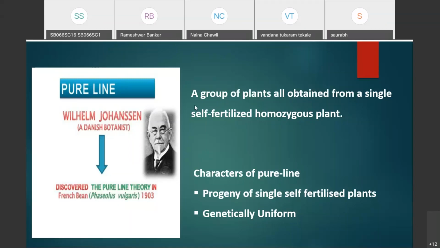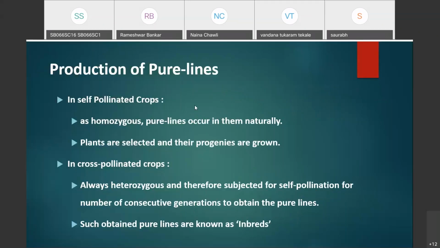Okay, we are discussing pure line selection, and before this you must know the concept of pure line. We have discussed the definition of pure line and also the characters of the pure line. Then, production of pure lines. How exactly are the pure lines produced? We are discussing the production of pure lines in self-pollinated crops and also in cross-pollinated crops.